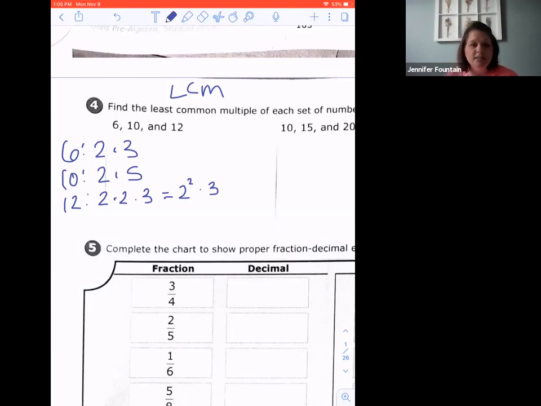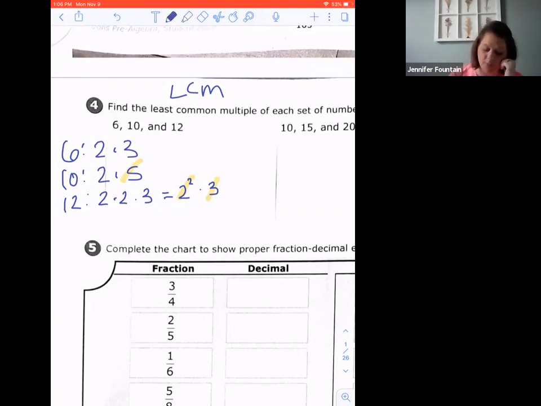Now remember, in this situation, I've got to look and see what is the largest exponent for every factor. So I see that I have a 2, a 3, and a 5. I've got to take my largest exponent for each of those factors. So my highest is going to be 2 squared. I have 3's in a couple of them, so I'm just going to represent that 3 and the 5.